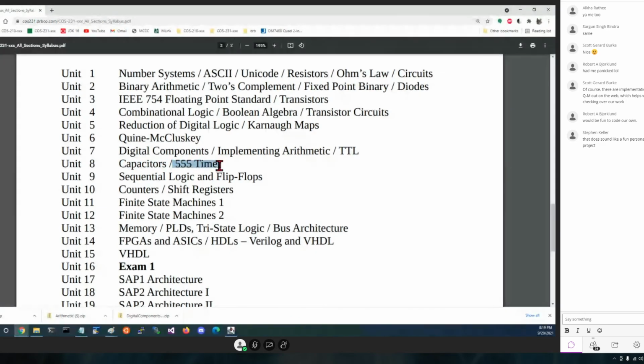And 555 timers are just another integrated circuit we have to analyze. Yeah, you might want to think about studying up really good on these transistor problems and some of the other material we've been covering. It's highly unlikely I would ask you to do a Quine-McCluskey with 8 inputs in an oral questioning session, but could be. Probably not that many inputs.